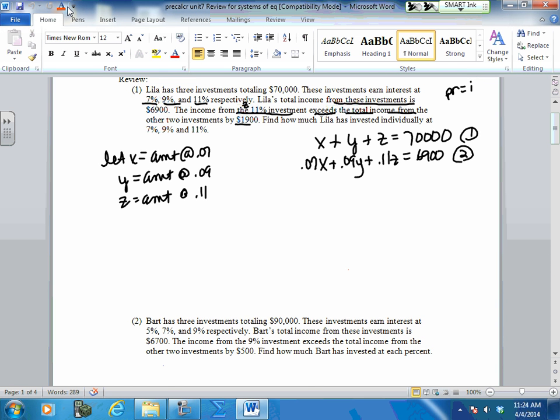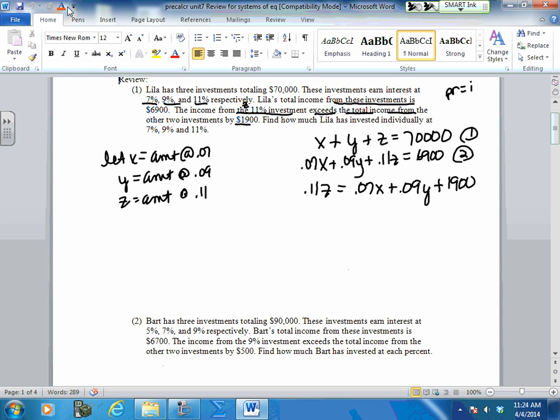That means if we took your Z interest and added the other 2, sorry, this is 0.09y. If we added this, the 11% is still going to be higher than the total of these 2 by 1,900. So we need to add 1,900 to this side.